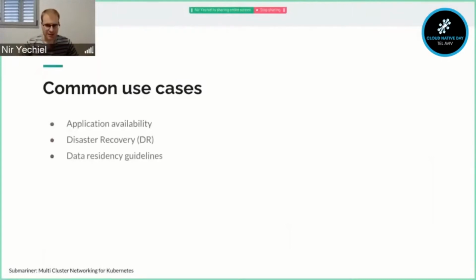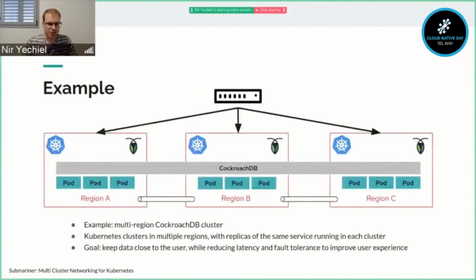Some common use cases, and there are many, so just to give some examples, are for application availability, for disaster recovery, and for data location and redundancy guidelines. And to give you a very concrete example, here is a CockroachDB, which is just a modern database cluster deployed across 3 different Kubernetes environments. And in this example, these are 3 different regions.